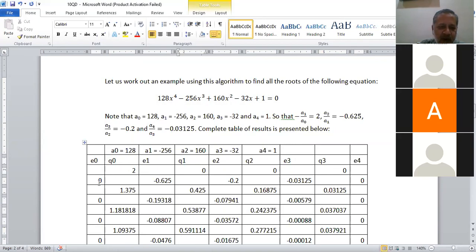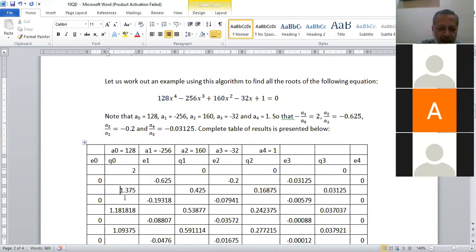In the first row of E's, the first and last elements are 0. In between, the first row of E is developed in a special form. What form? A2 upon A1 placed here, A3 upon A2 placed here, A4 upon A3 placed here. So the fixed method of developing rows is now over.